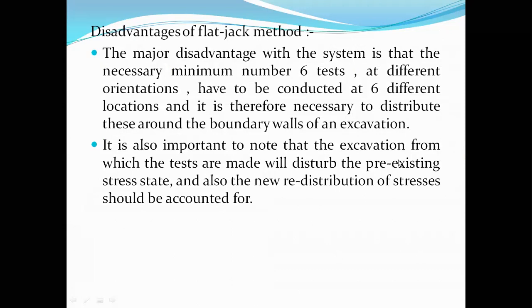This is very important from the examination point of view. They have to be distributed around the boundary walls of the excavation. In a single setup we cannot get all the values.